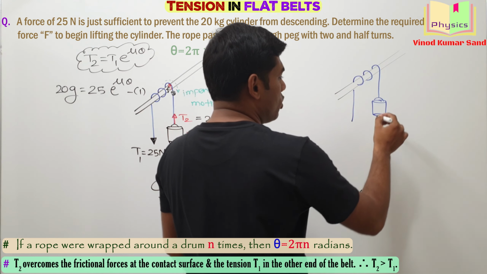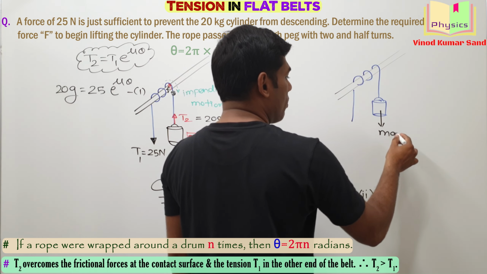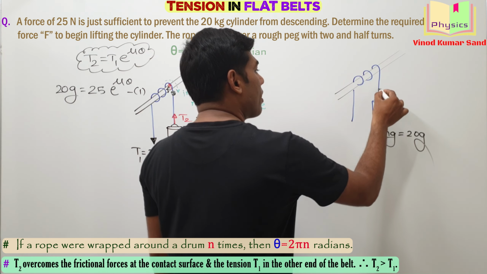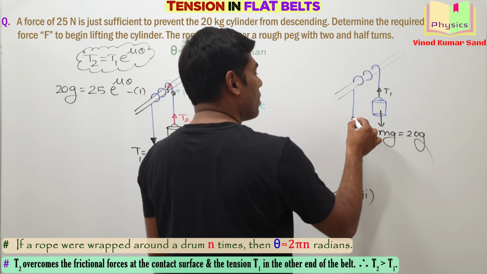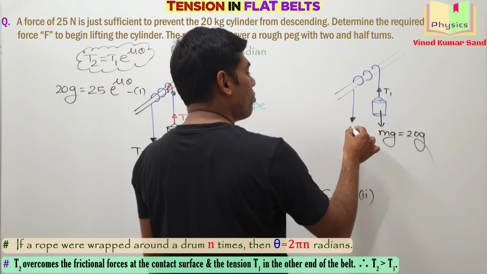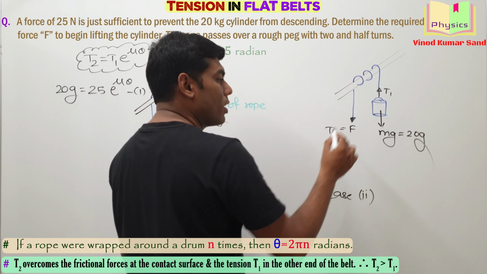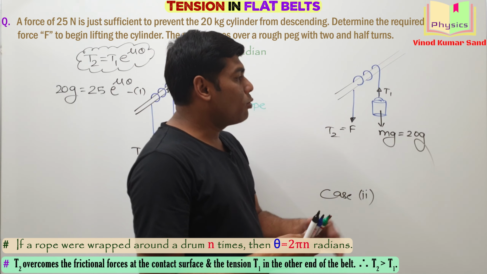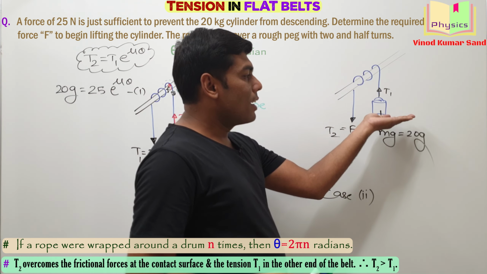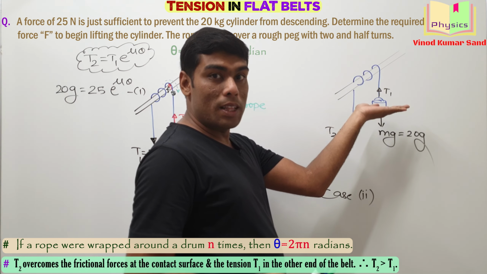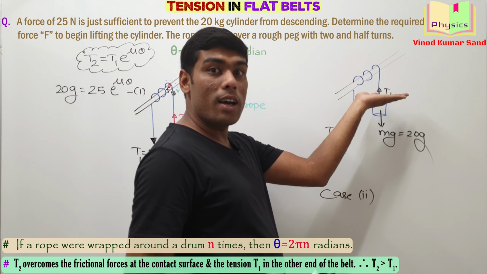The 20g is the weight of the cylinder. This time here I'll call the tension as T1, and this is the force F, which we take as T2. Why so? If you check the language in the second case, the cylinder has to go up. There is a tendency of going up.